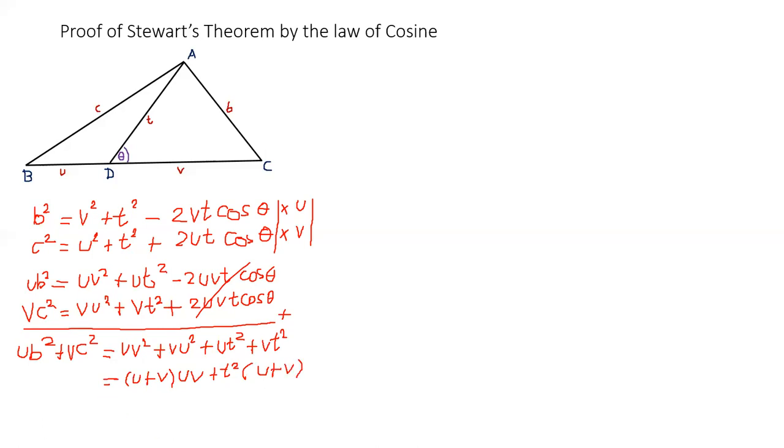And of course this is U B squared plus phi C squared.